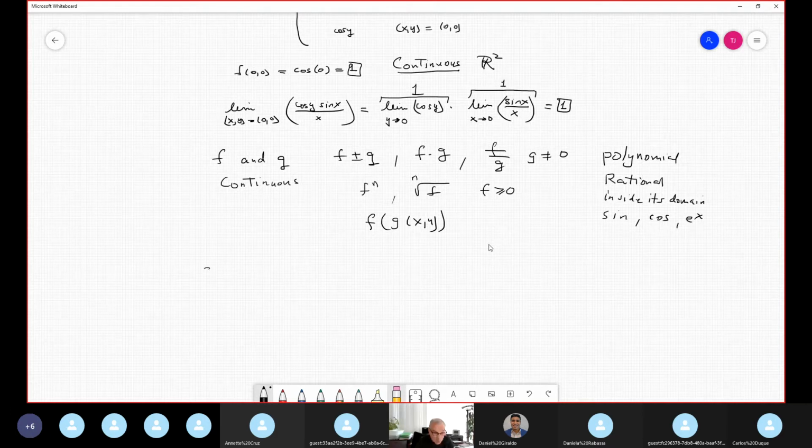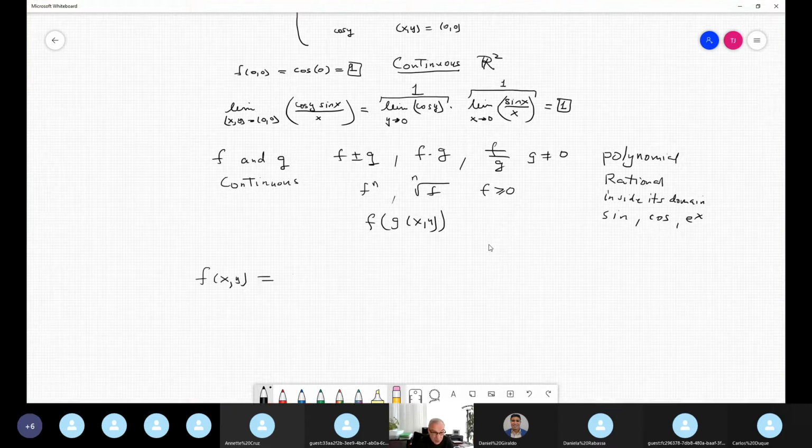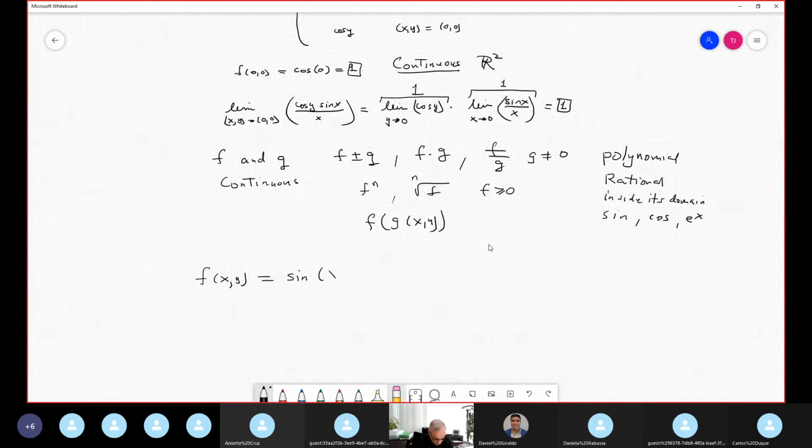Look, suppose you have f of x, y equals sine of x squared cosine y.